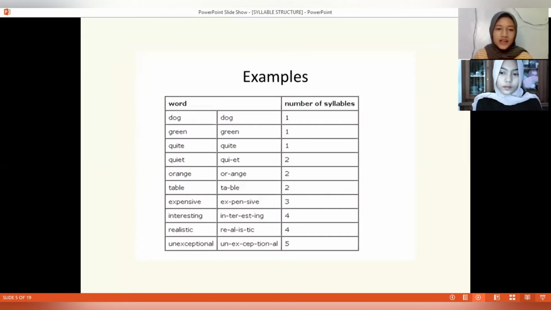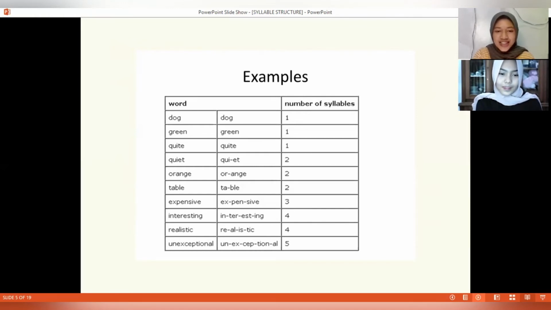For example, dog, one syllable. Green, one syllable. White, one syllable. Quiet is qui and et, two syllables. Orange is or and inge, two syllables.